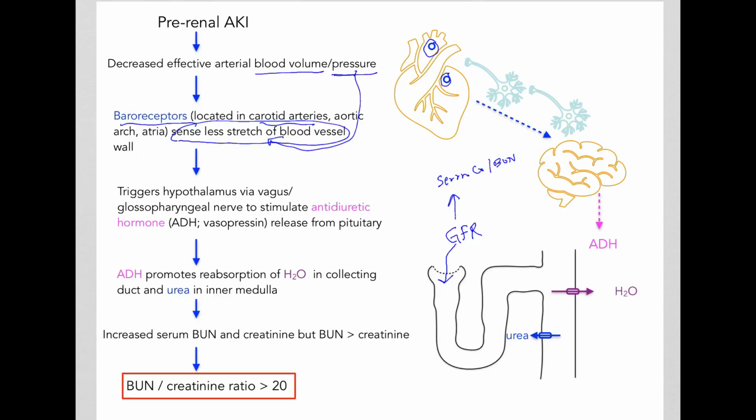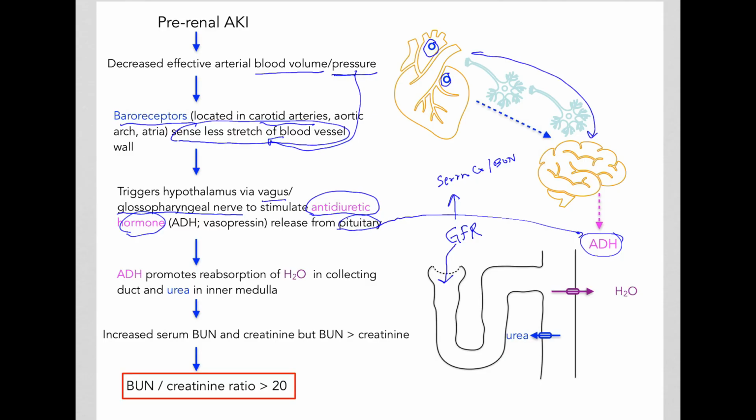The baroreceptors will now send signals to the hypothalamus via the vagus as well as the glossopharyngeal nerve, and it will trigger the hypothalamus to make more antidiuretic hormone, which is then sent to the pituitary gland, and from the pituitary gland the ADH will now enter the bloodstream.